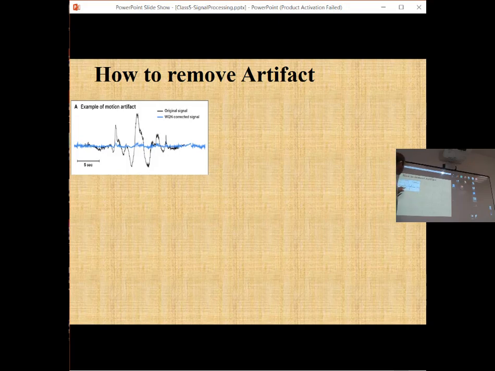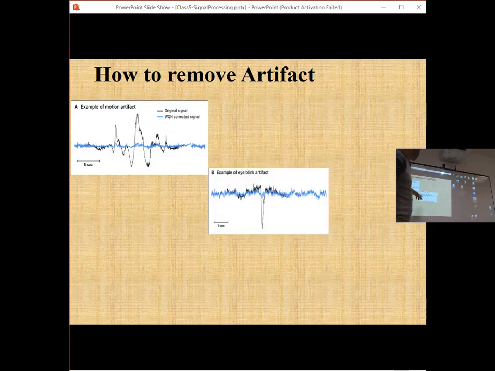And you get a perturbation because the eyes were moving or whatever. This is an example of motion artifact. Something has moved and it created this. But in reality, I want to recover the blue. How do I know how to recover the blue if I got something like this, which has perturbed everything?